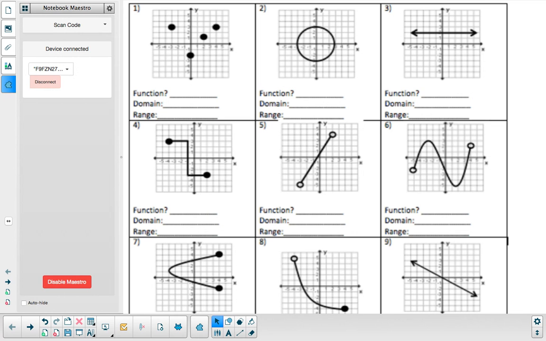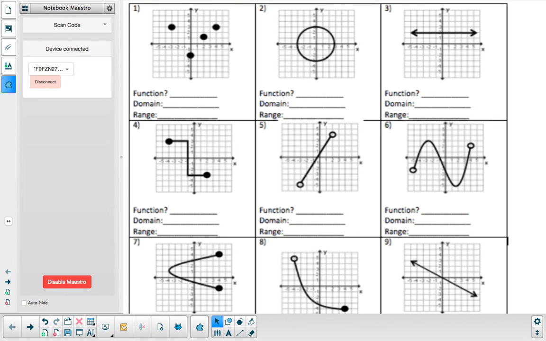So number one would be a type of discrete function in the sense that they're not connected and it's not continuous. So this might be things like tickets purchased or items bought at a grocery store, things of that nature, things that you can count.